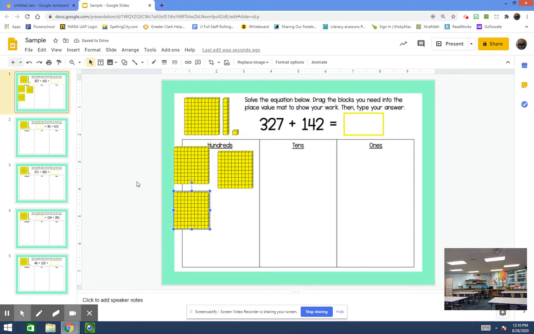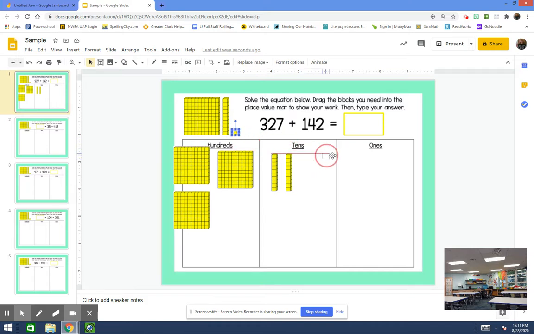Then I'm going to look at the tens place in 327. I know that there are 2 tens. So I'm going to drag 2 tens over here. Then when I'm looking at the number 327, I see there are 7 ones.